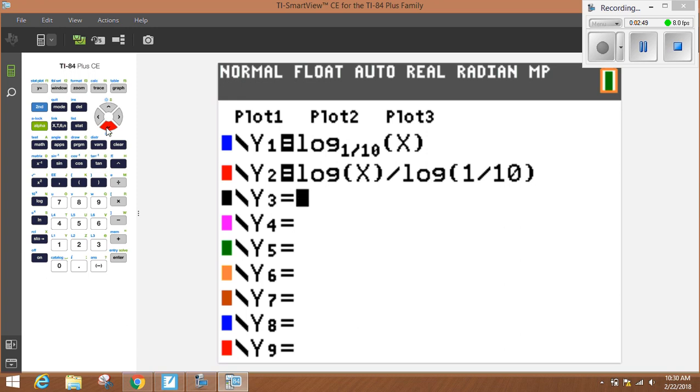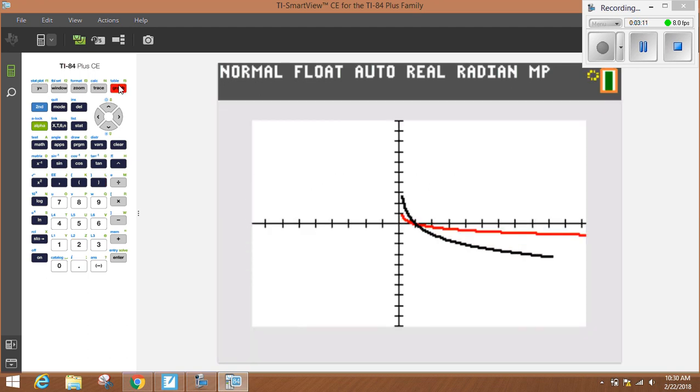If I want to change log base 1/2 of x into log base 10, that's going to be log base 10 of x divided by log base, and we're going to put what the actual base was in our denominator. And there we go, we have that one.